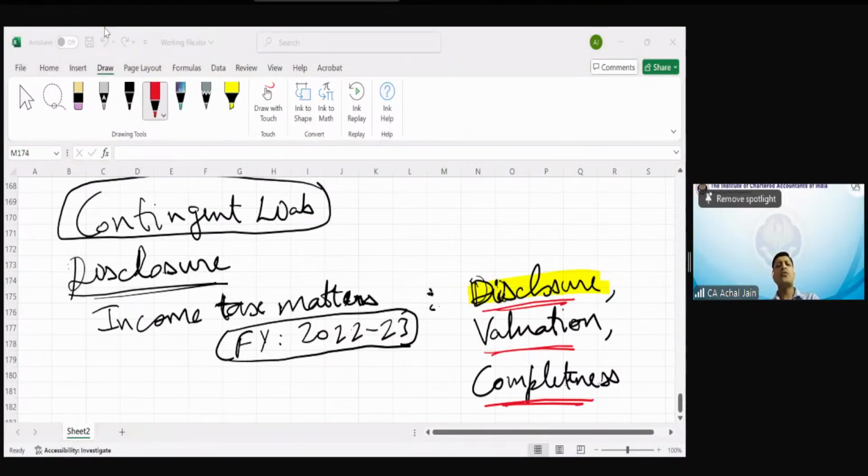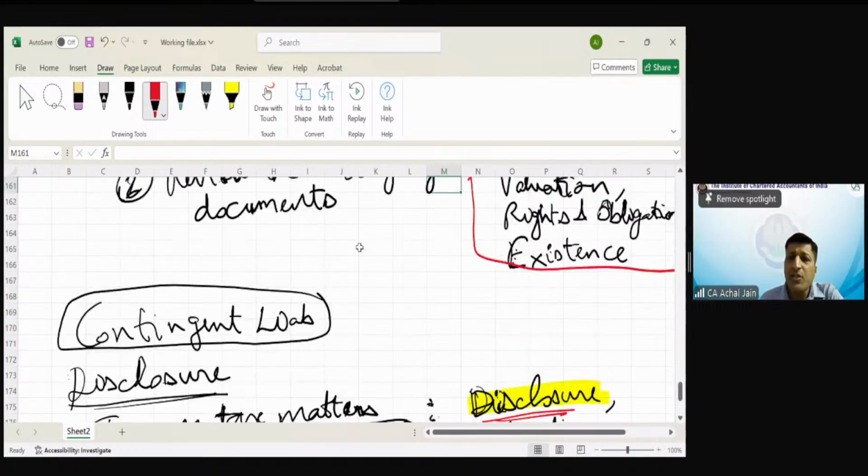Yeah, of course, you can also bring in cutoff. Yeah, but cutoff is not really linked to this. We are challenging this in a way on an overall basis, but these three appear to be the more appropriate ones.